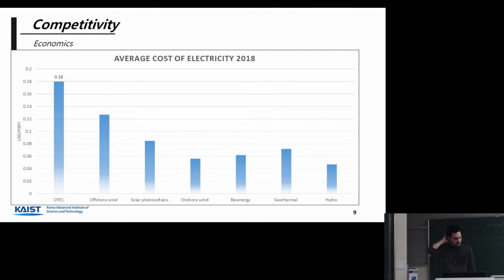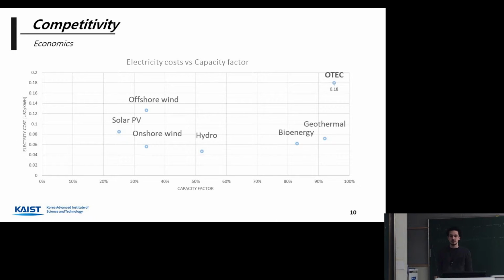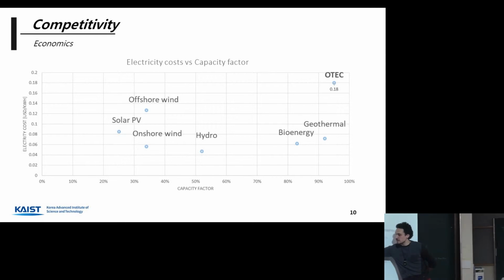And also, I spoke about OTEC being a continuous form of energy. That means we can, every time, day and night, produce electricity out of OTEC. And this is a really unique advantage of OTEC. You see here the capacity factor.